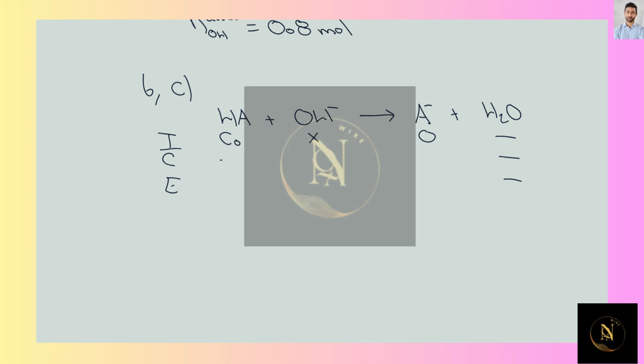So the change is going to be minus X, and X. At equilibrium, I'm going to have C0 minus X, 0, and X. So our Henderson-Hasselbalch equation is going to look like this: pH is equal to pKa plus logarithm of X, coming from the concentration of A minus, divided by C0 minus X.